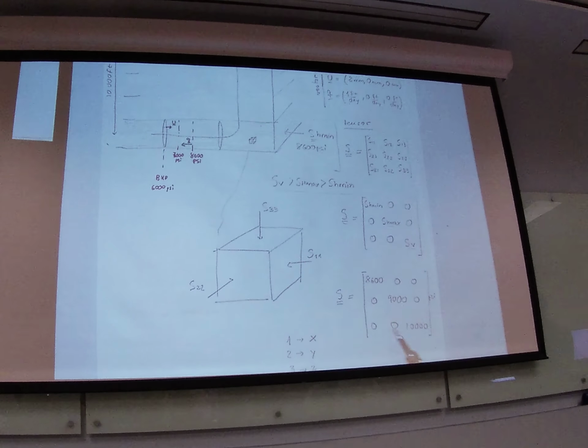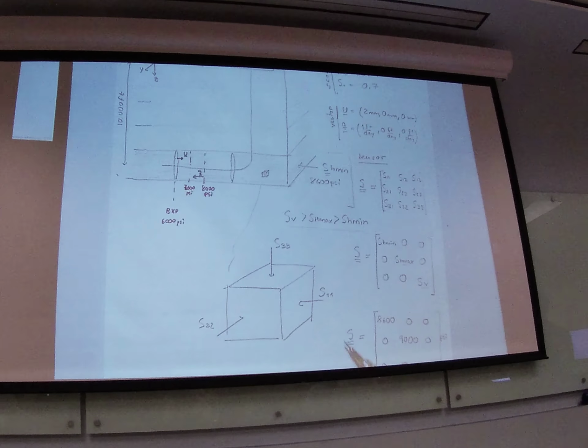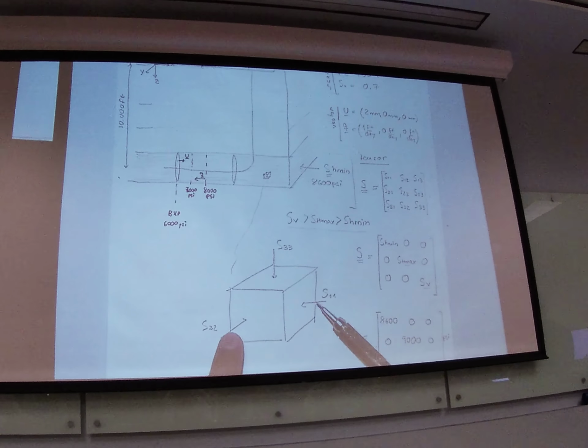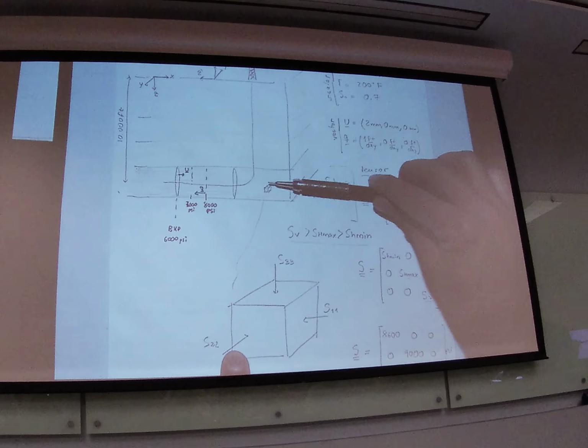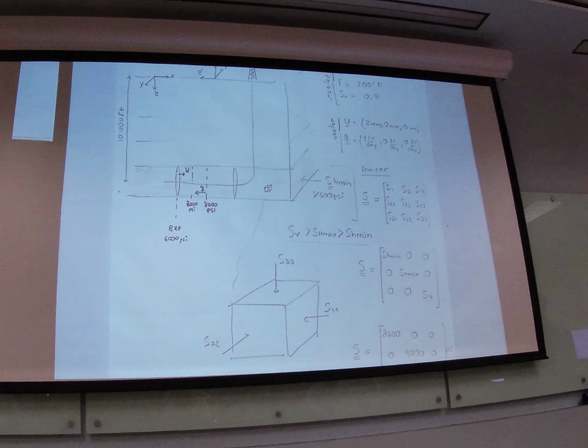And not only that, but you're going to need also 3 directions. You need to know in which direction those are oriented. In this example, I said it is oriented in the direction of x, but it could go in any other direction. And if you remember the example from the Barnett shale, the horizontal stresses were oriented at an angle from the north, about 60 degrees.